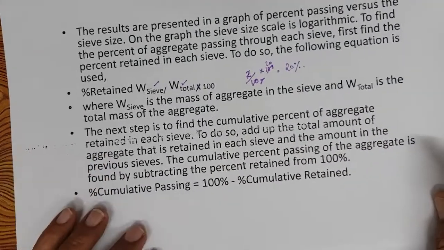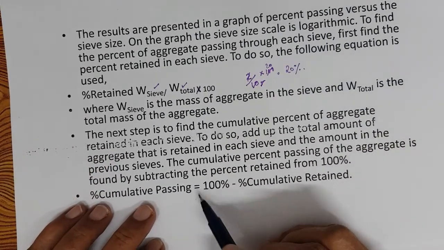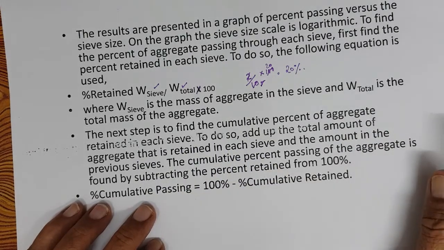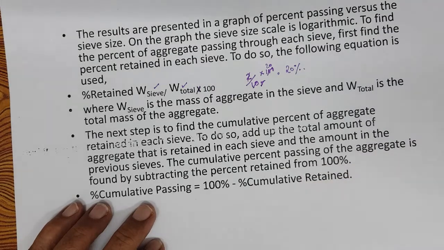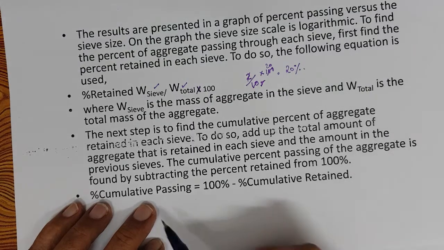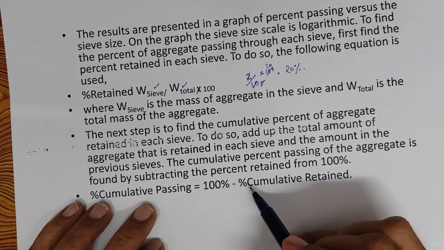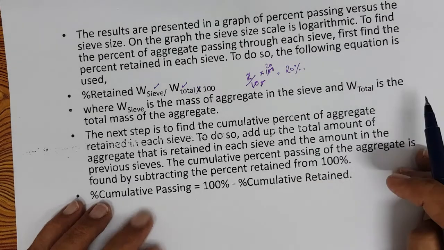Then percentage cumulative. The next step is to find the cumulative percentage of the aggregate retained in each sieve. So for the first 5 sieves, how much is retained? Percentage cumulative passing is equal to 100% minus cumulative retained.